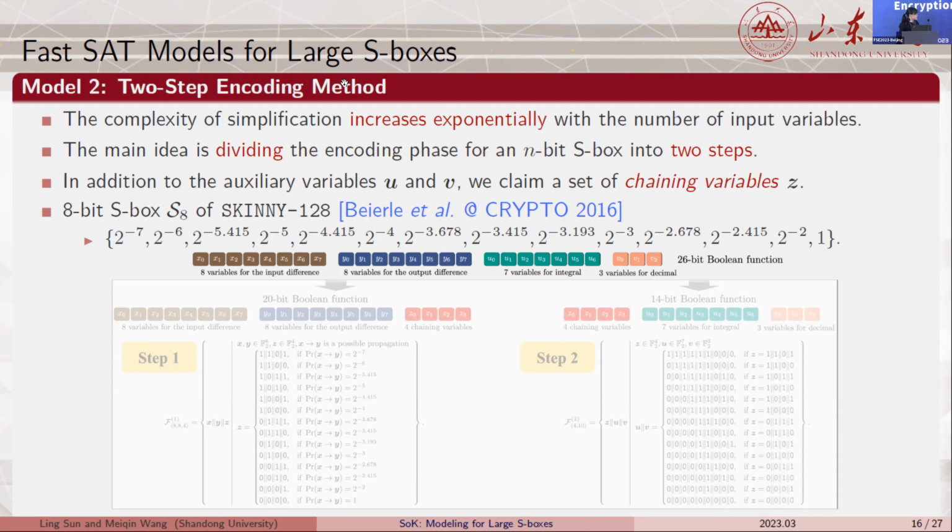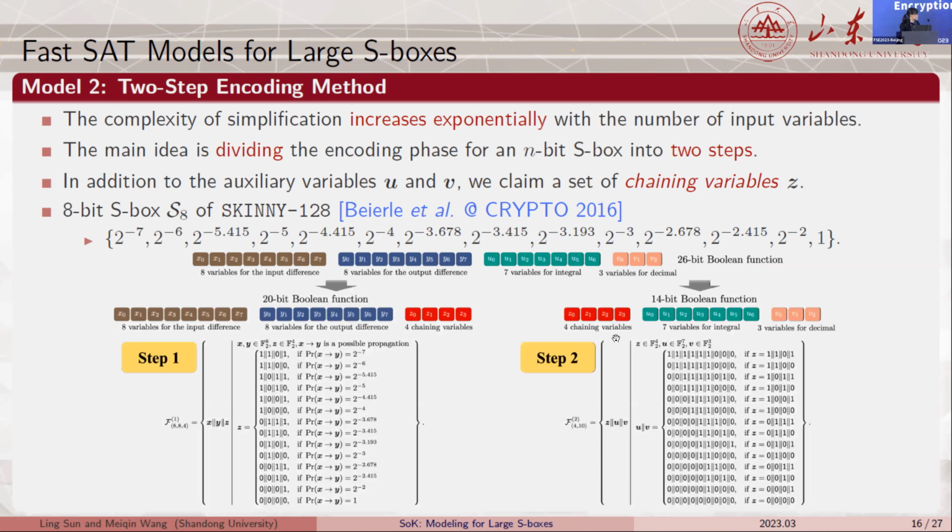This set contains probabilities of all possible propagations, and in the previous method, we should simplify a 26-bit Boolean function. With the new method, we introduce 4 transition variables. In the first step, we create a connection between the probability and the value of the transition variables, and we should simplify a 20-bit Boolean function.